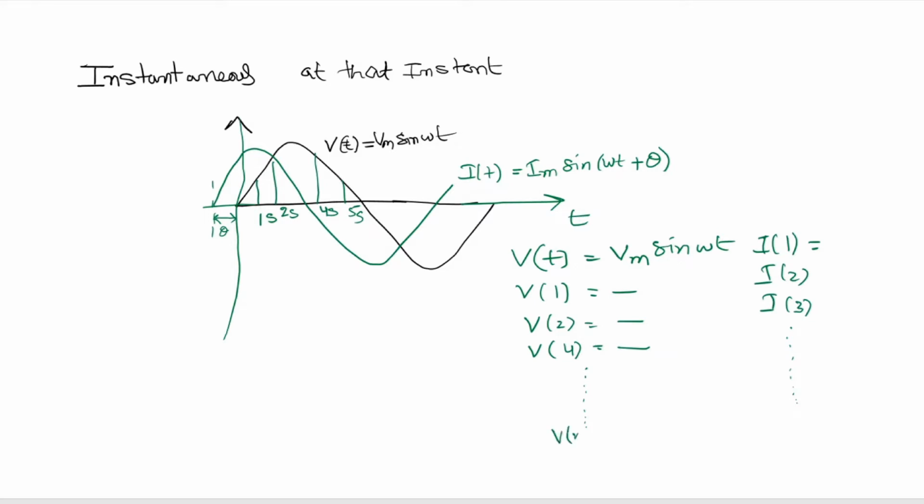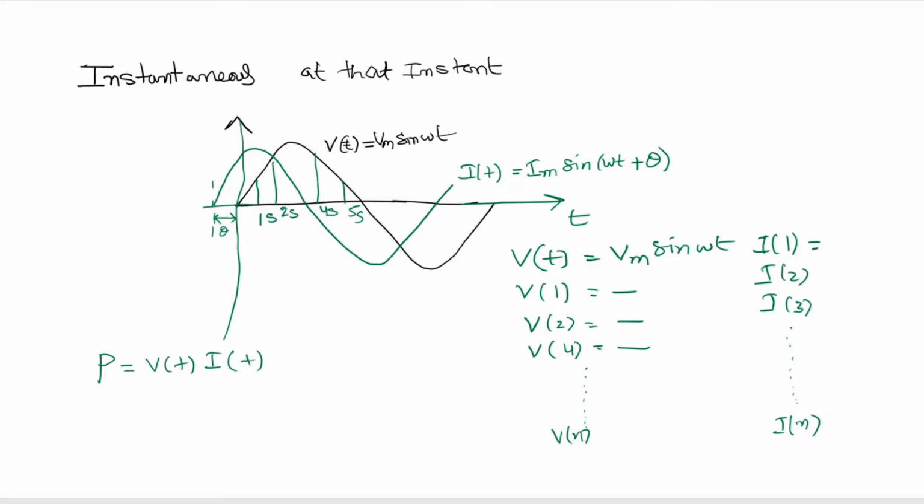So V of n and I of n. That means I am getting different values for voltage and different values for current. So since voltage and current have different values, power is equal to V of t into I of t. We can't change this. This is the formula.